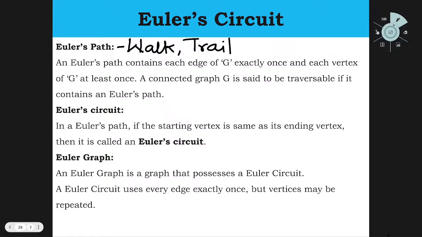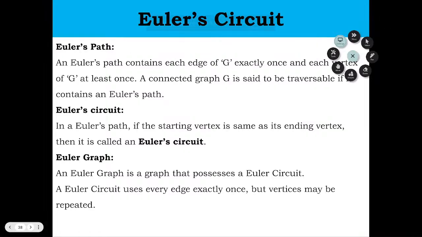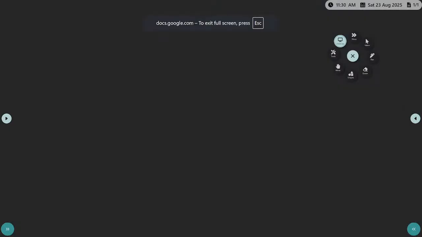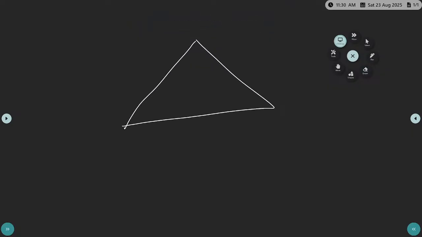Okay, so just listen, what do you mean by Euler's path? Take down this example. Please stop talking. Now here you see. Stop talking now.